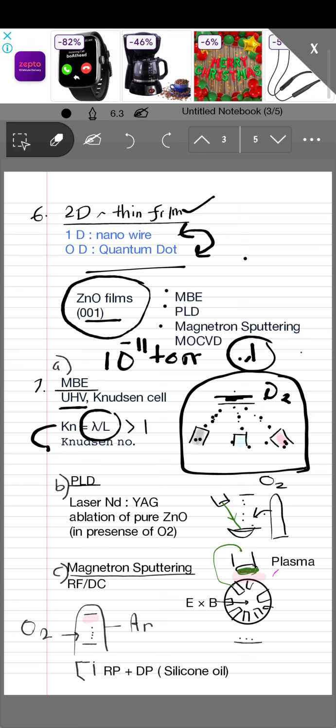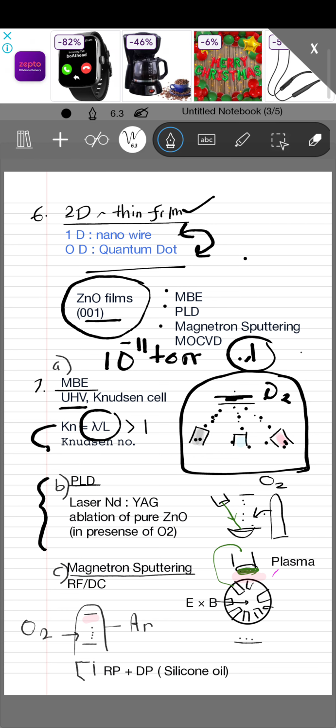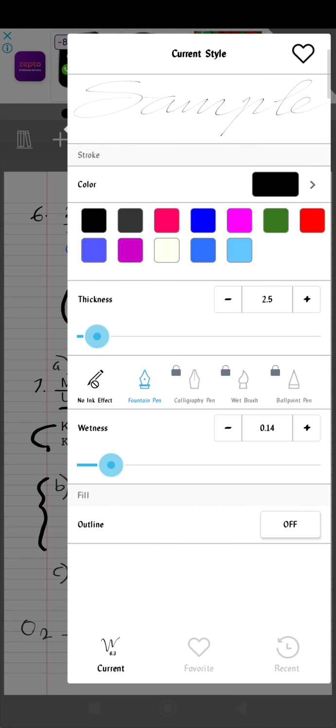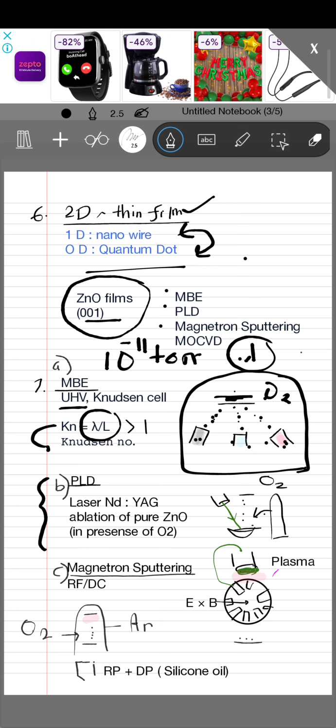You can have the pulse laser deposition technique as well to deposit zinc oxide. Pulse laser deposition is based upon ablation, which is breaking down. An Nd:YAG laser is used for the ablation of zinc oxide, in the presence of high purity oxygen.